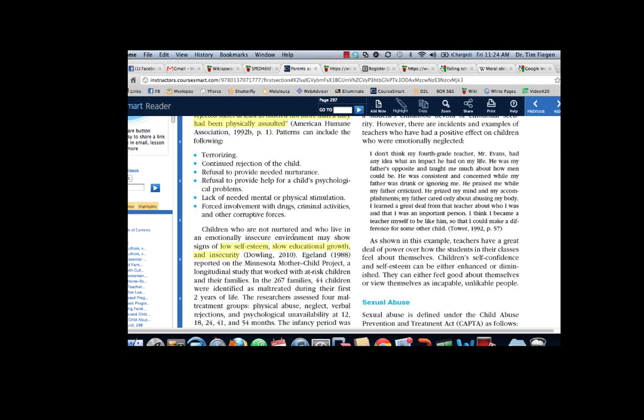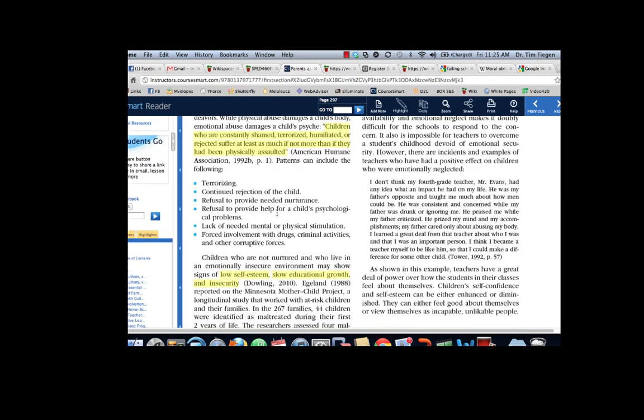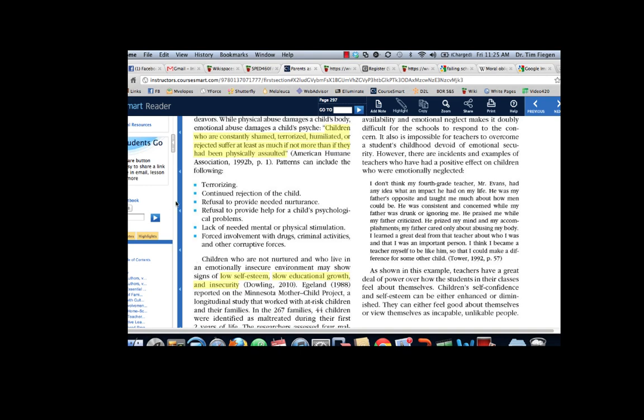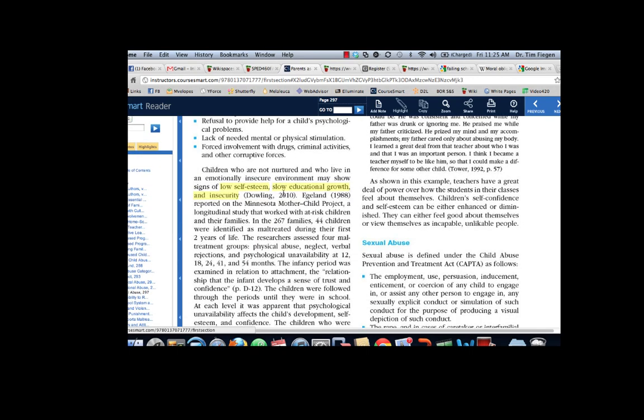Children who are not nurtured and who live in an emotionally insecure environment may show signs of low self-esteem, slow educational growth, and insecurity. So know that if you see kids that display these things, that often it is a tie back to this. And again, I say to you, you don't get to do anything about it. You don't get to really change that much. Just have empathy for the child.